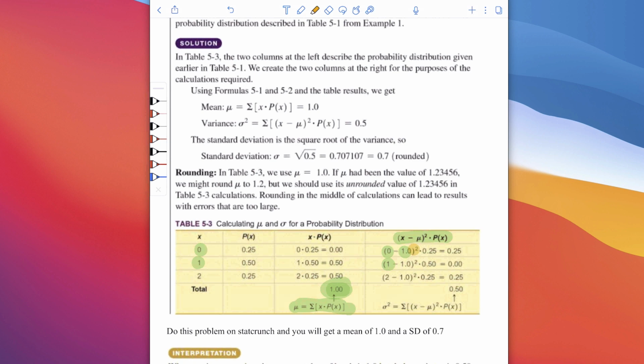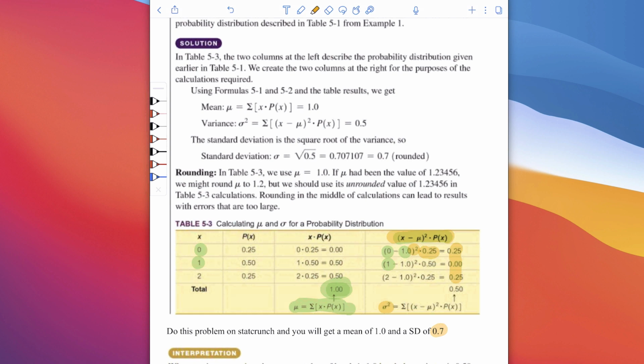So not only are you subtracting them, then you square it, and then you multiply it times the probability. That's what this says up here: x minus the mean squared times the probability. Then you get these numbers, and you add them up, and that's the variance. That's a sigma squared. So then we take the square root of it, and we'll get 0.7.